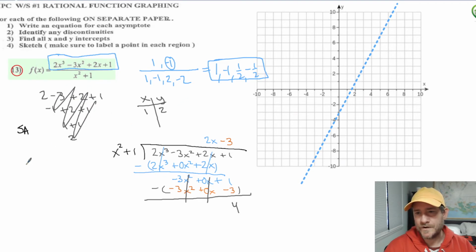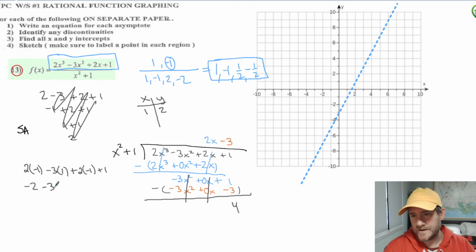Plugging in -1 gives me 2 times -1 cubed, minus 3 times -1 squared, plus 2 times -1 plus 1. That's -2, take away 3, take away 2, plus 1, which is -6. So -1 is giving -6. That's not a 0. So how about a half?